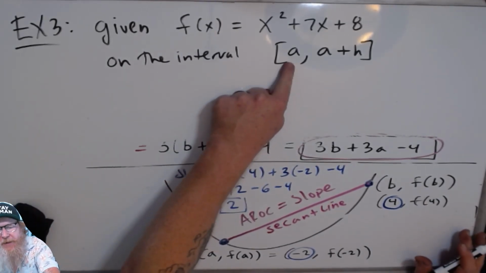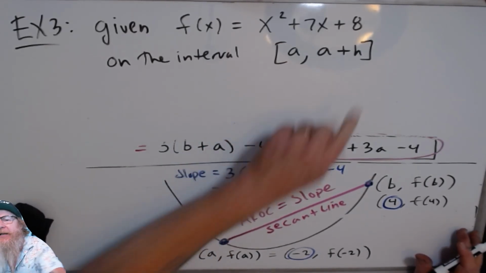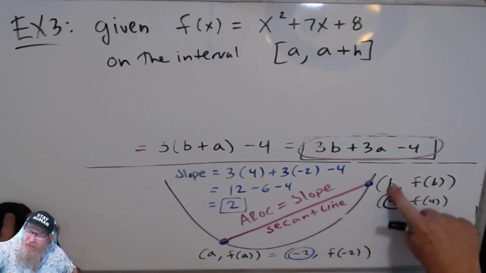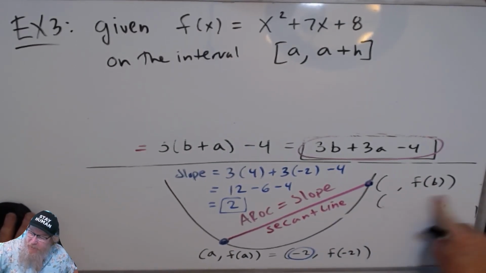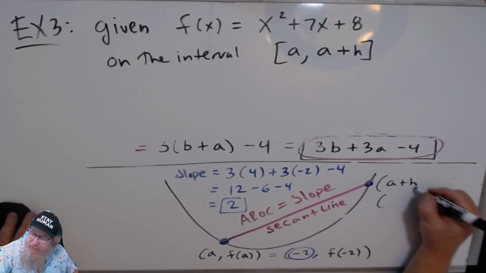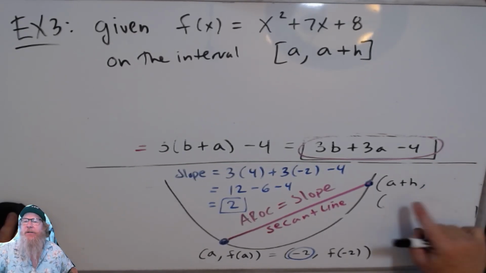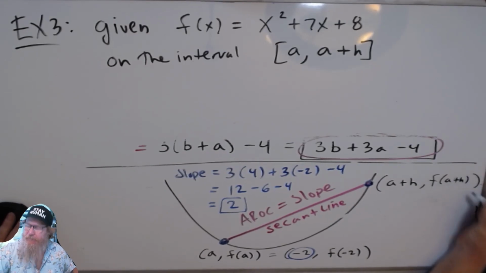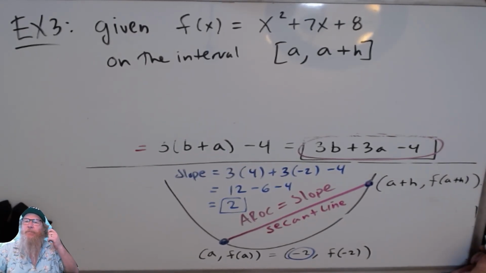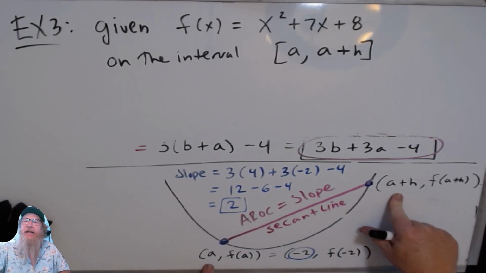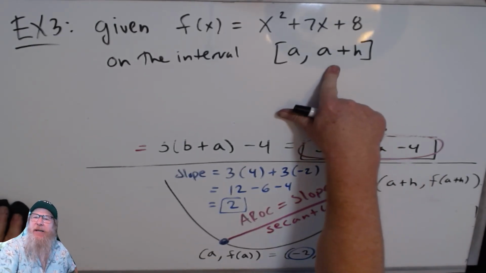So instead of going from A to B, we're taking the same basic structure, and I'm going to have to erase this in a minute, but I'll just show it here. Instead of calling this B, we're calling this A plus H. There we go. So you're going to see that the calculation is going to be very similar, but we won't have the letter B. Instead of B, we'll have A plus H.